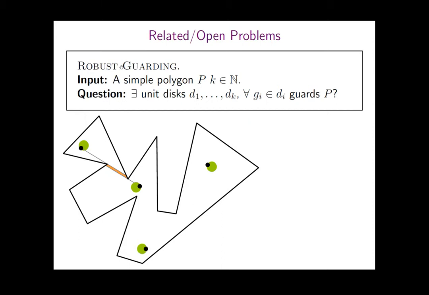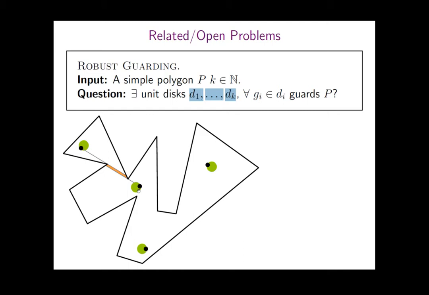So again, I take the art gallery problem as an example. Instead of outputting just the guard positions, maybe we want to output disks, such that no matter where I place my guards within them, I can still guard everything. The idea is, maybe I tell someone to place guards there, but they will not do this very precisely.